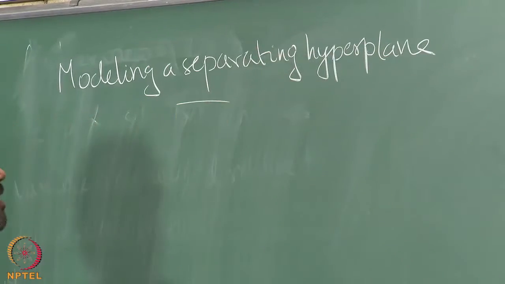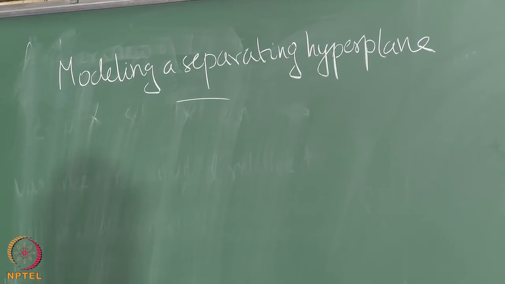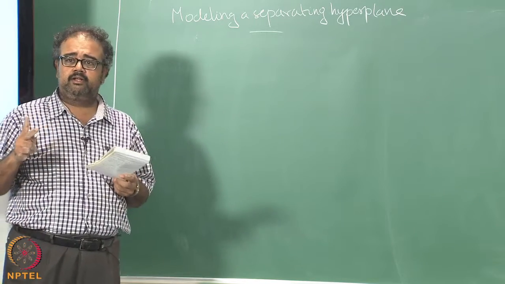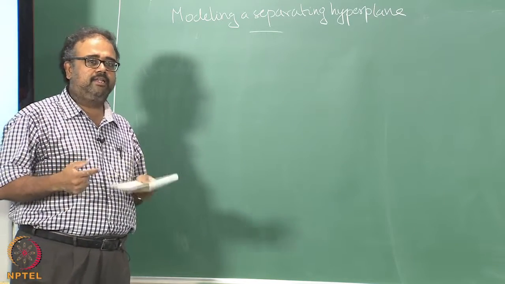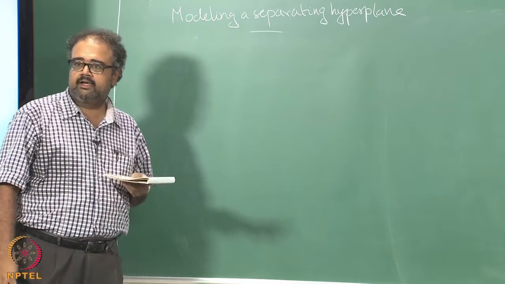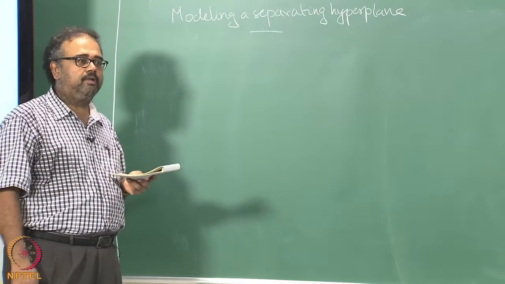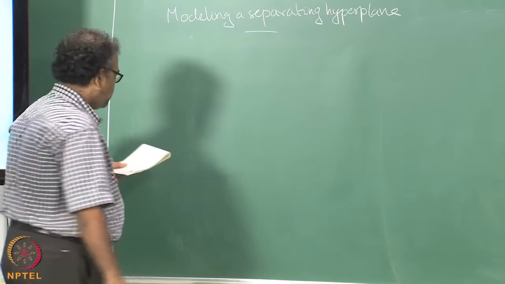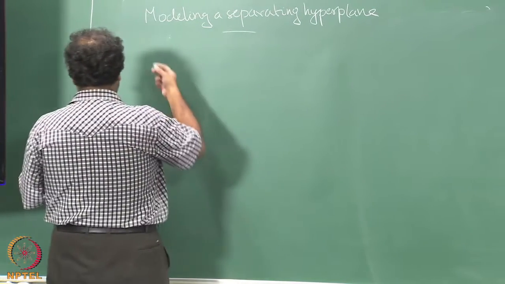There are many ways in which this can be done, and we will look at two in particular. One because it leads us into neural networks later, the other because it is the most popular way of building classifiers nowadays.